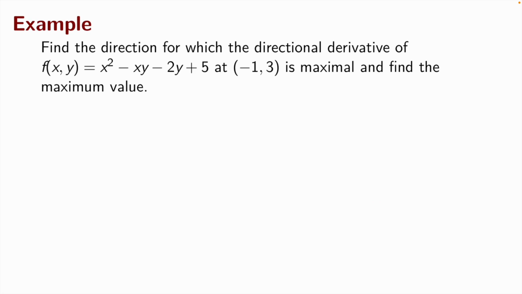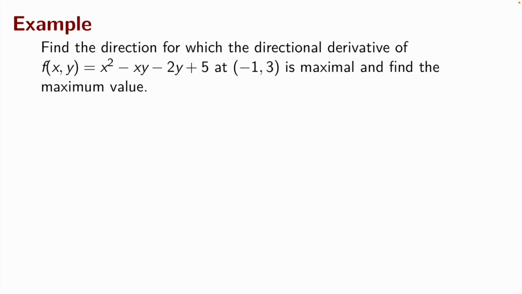Well, we know that the direction in which the derivative is going to be maximal is the direction of the gradient, right? So what we are asked to calculate is the gradient, because that is the direction in which it's going to be maximal. And then what is the maximal value? Well, it's going to be the norm of that gradient. So essentially all we need is to calculate the gradient.